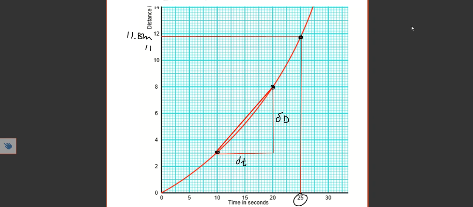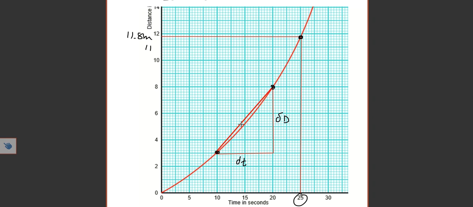Speed was distance over time, but I could do an average of all of that, and that's not really the speed I'm going at that moment. That would be an average. An area would be distance times time, if I worked out the area.